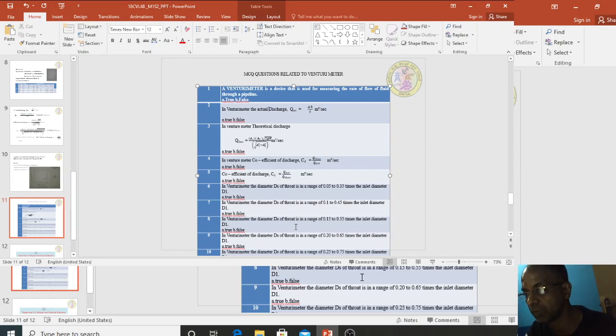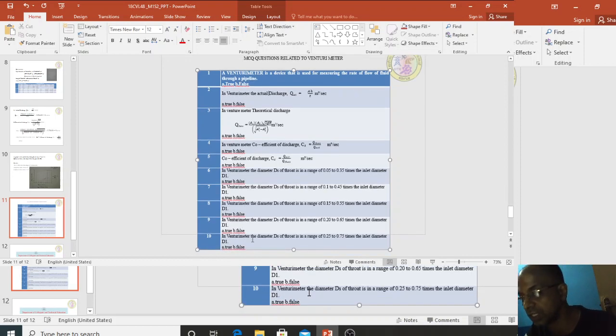Range of 0.15 to 0.55 times the inlet diameter d1. It is false. Range of 0.2 to 0.65 times the inlet diameter d1. It is false. Range of 0.25 to 0.75 times the inlet diameter d1. It is true.